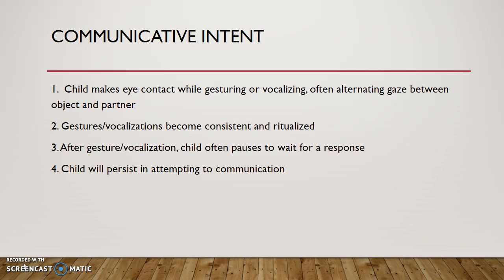But that isn't always the case. We're looking at a child who is really trying to direct an adult's behavior, and that behavior may just be their attention to an item. It may be other kinds of things, but typically when we're thinking about this early intent, it's really about sharing communication, really trying to direct the adult's attention.